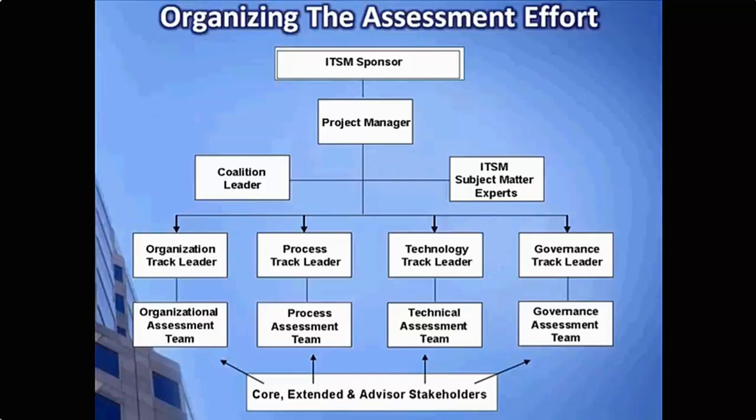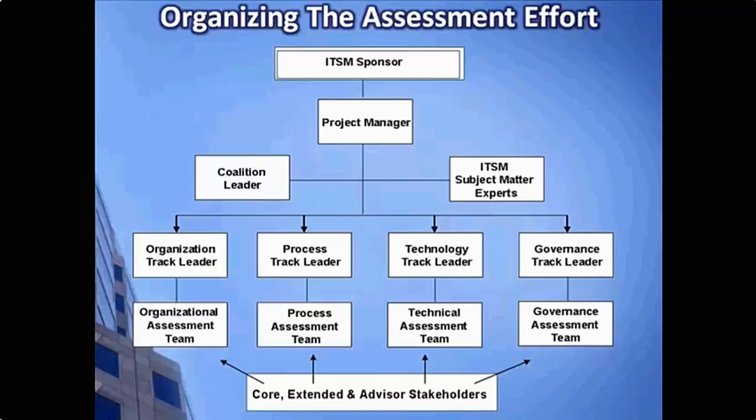In Learning Module number 2, we talked a little bit about that core team, extended team, advisor team, and subject matter expert in terms of participation roles for your project. During the assessment effort, the core team is the one that will be carrying out the bulk of the work in terms of doing the assessments and pulling the information together.